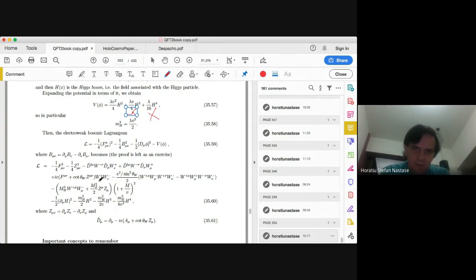Then there's this coupling for W plus W minus with electromagnetism and Z, and the 4-point coupling for the W's, W plus, W plus, W minus, W minus. And finally, the term for the Higgs, so the kinetic term, minus 1/2 d mu h squared, the mass term, minus mh squared over 2 h squared, and then these cubic and quartic terms in h.